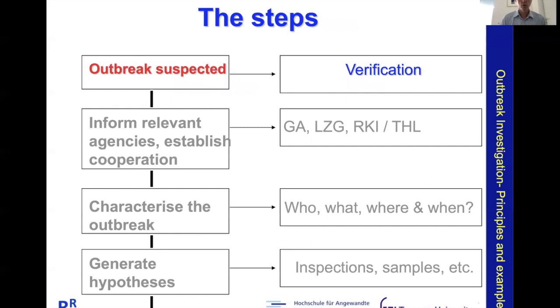Okay, so let's look at a checklist. If you're involved in an outbreak investigation, you have to think carefully and use your time wisely. The first step in this list of steps would be outbreak suspected. So you get a phone call, very often on a Friday afternoon.